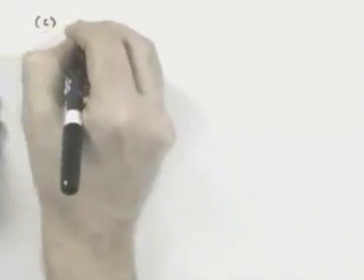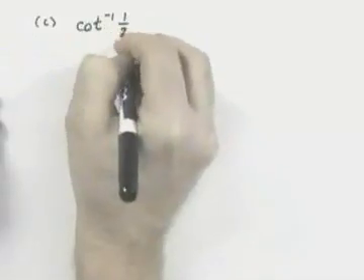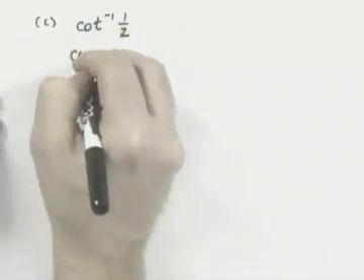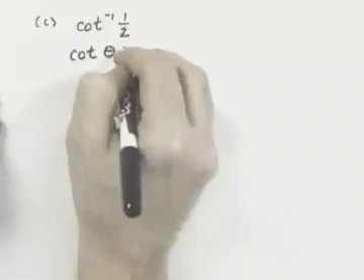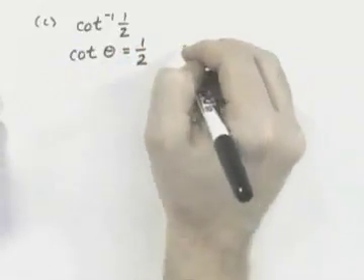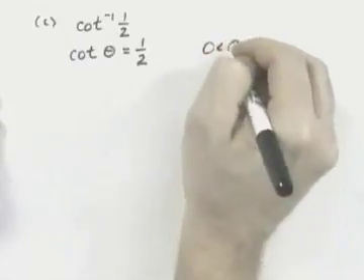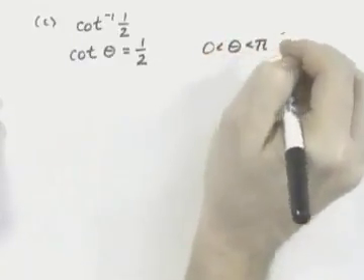Consider the following example where we have the inverse cotangent of 1/2. That means that we're looking for an angle theta whose cotangent is 1/2. Remember, the restriction on the domain for the cotangent function is that theta is going to be between 0 and pi.